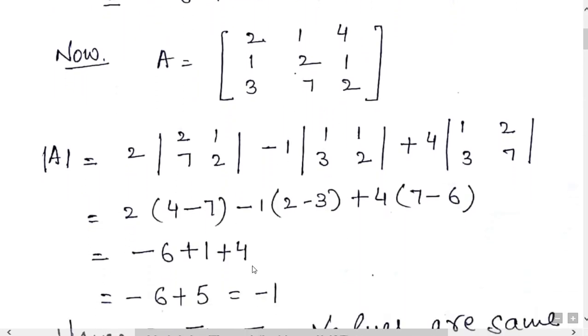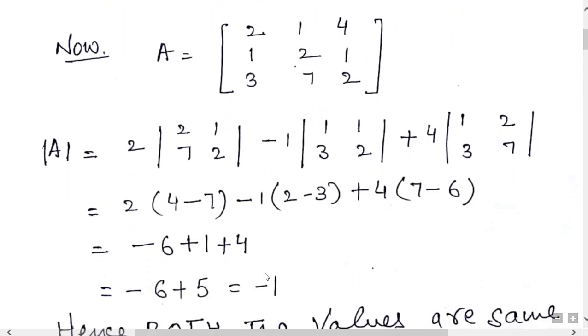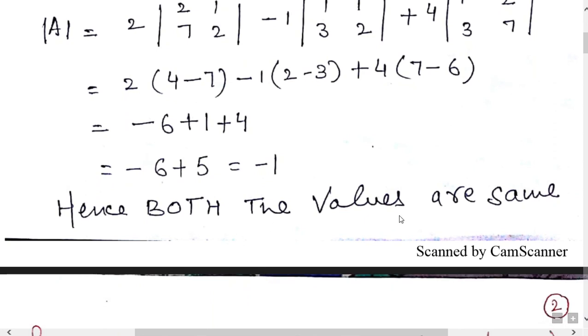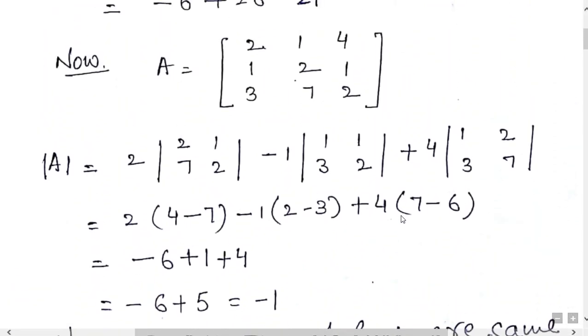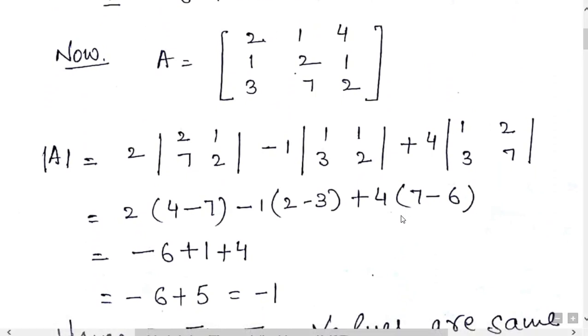Again calculate the determinant. The answer is the same. It means both the values are the same. The answer remains as it is if you convert rows into columns or columns into rows. Basically, it's the transpose of the matrix.